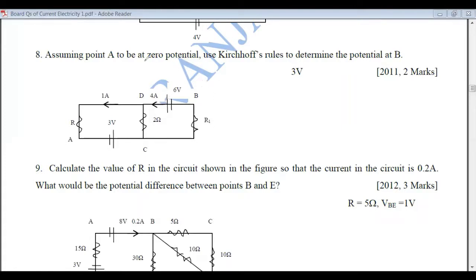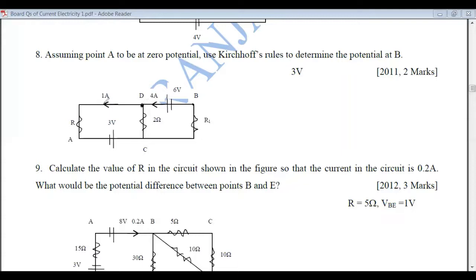Question number 8 is assuming point A to be at zero potential. Use Kirchhoff's law to determine the potential at point B. First we apply the Kirchhoff's junction rule, the first rule at the junction D. 4 ampere current is entering the junction, so the current leaving the junction should also be equal to 4 ampere.